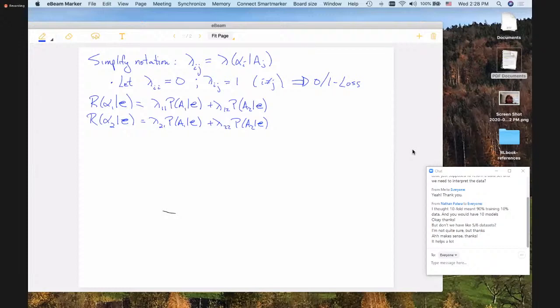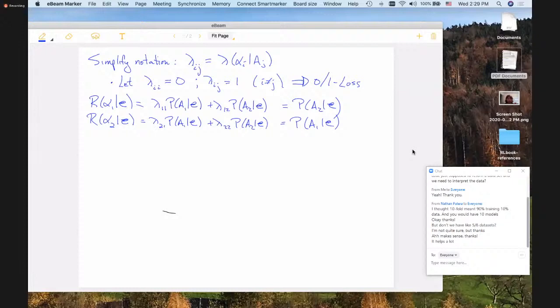If you plug in the 0-1s that I have up above, then you'll notice that the top one just becomes that, and the bottom one just becomes that. Okay.